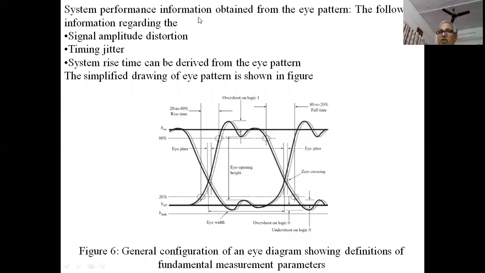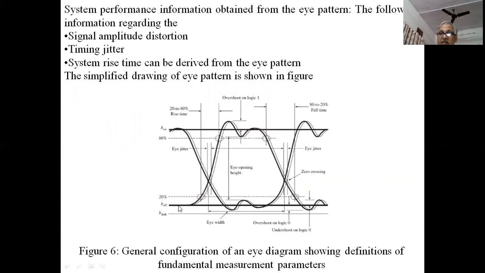System performance information obtained from the eye pattern: the following information regarding the signal amplitude distortion. This is the signal. This is the timing jitter. System rise time can be derived from the eye pattern.